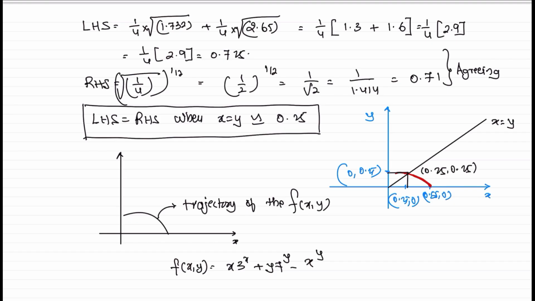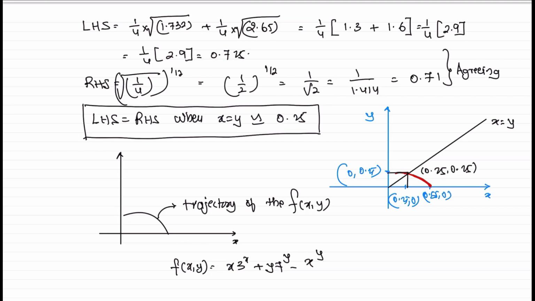And like this, for many algebraic equations, without exactly calculating with the help of a computer or a calculator, we can draw the shape of the curve and we can estimate what is the behavior of that function.